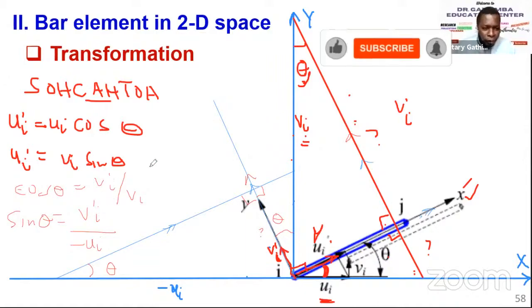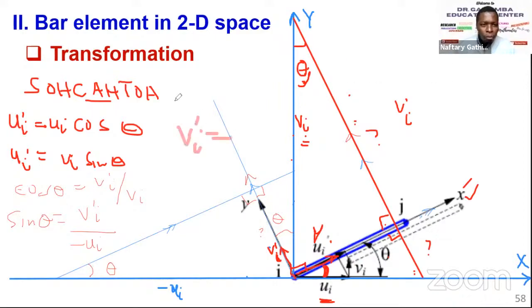So here we have v prime i to be equal to, that's too thick, v prime i, remember this is prime, v prime i will be equal to v i cos theta. And from this one, we have v prime i will be equal to minus u i sine theta. I hope we are together up to that point. I hope you have not lost anybody.